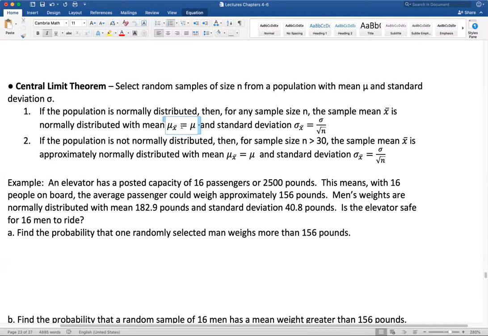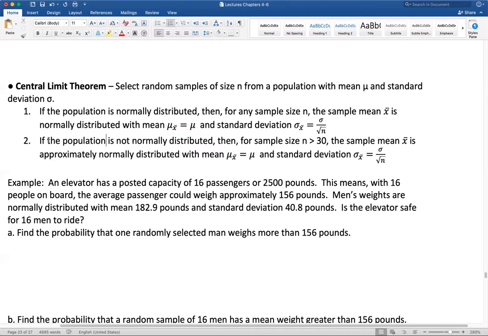For example, from 100 or 1000 or 10,000 samples, we calculate the sample mean, and then we figure out the mean of those sample means, denoted by mu sub x bar, that is equal to mu, and the standard deviation of those sample means, denoted by sigma x bar, is equal to sigma over square root n, if the population is normally distributed.